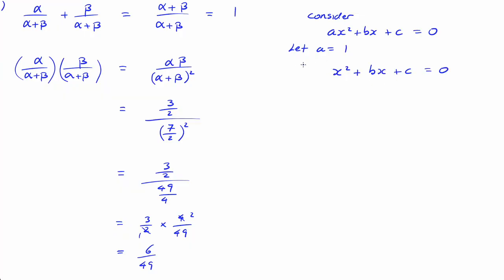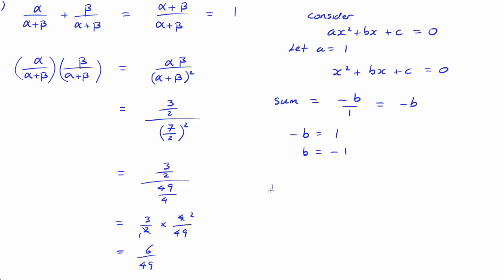Now the sum of the roots is equal to minus b over 1, which is minus b. Now we know the sum is 1, so minus b equals 1, so b is equal to negative 1.